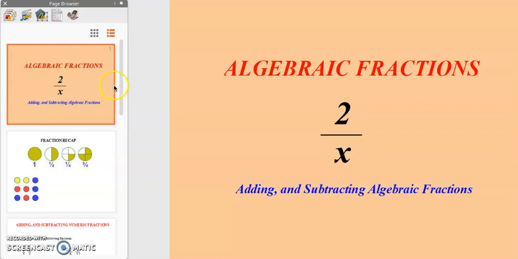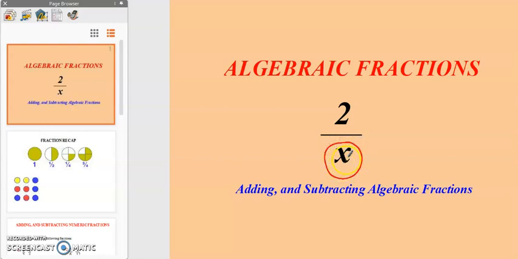So for this video in particular, we'll be looking at algebraic fractions, and specifically how to add and subtract algebraic fractions. Normally when students see certain things in mathematics that involve letters, they start to panic, because sometimes you're wondering, how do letters even reach mathematical problems?